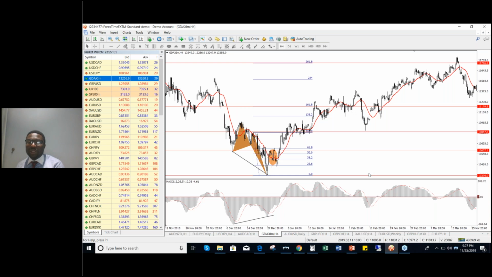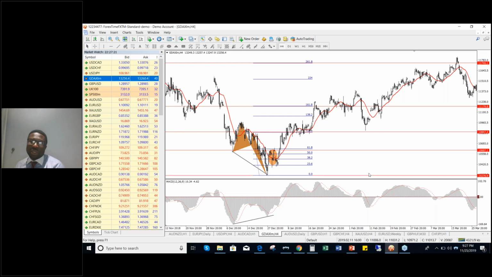At take profit 1, you're expected to close half of your position. At take profit 2, you close another 25%, and then allow the other 25% to run to take profit 3.